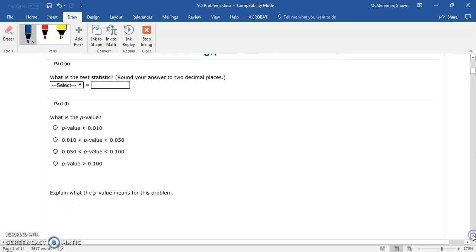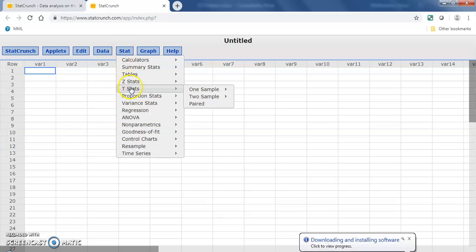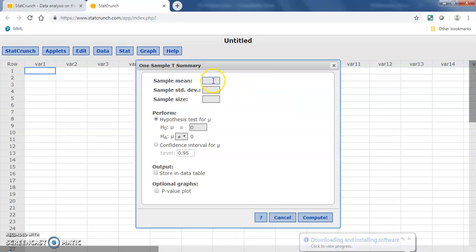The test statistic is going to be T. It would be Z if we were using the normal distribution, but since we're using the T distribution, it's going to be a T statistic. We go to StatCrunch, and we go to Stat, T stats, One sample with summary. So the sample mean is 52,330. Actually, no, that's your population. So your population is 52,330.